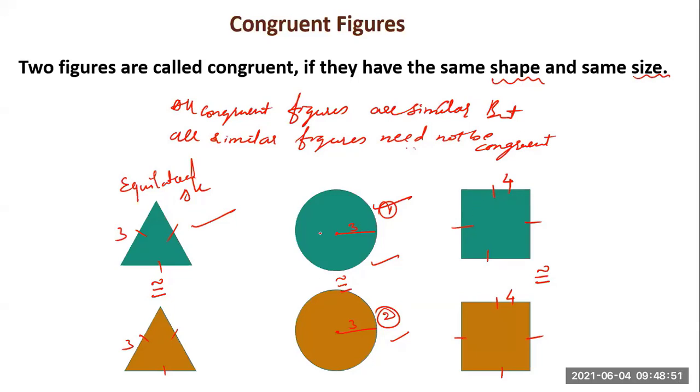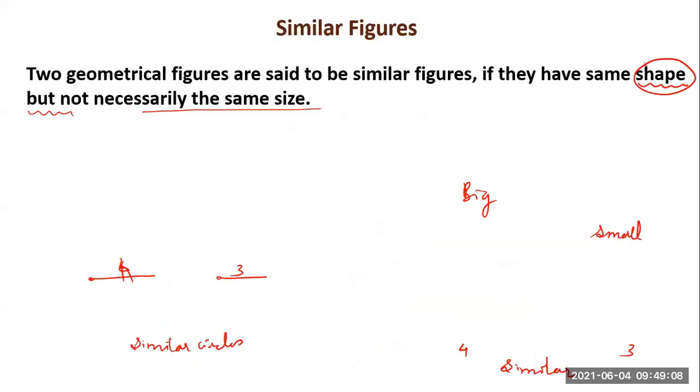Clear? Now these are similar also, congruent also. But some figures are only congruent, and some are only similar. Is it clear? Okay. So these are similar figures.